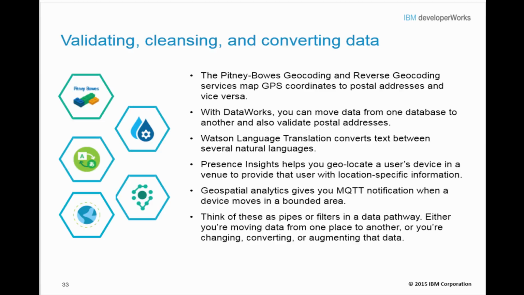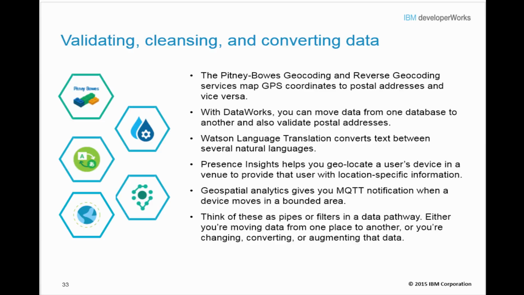It allows you to geolocate a device inside a very small bounded region like that, and then allows you to write your applications to provide that user with venue-specific information based upon where they are. Now, on the other hand, if you're moving within a larger bounded area, let's say something the size of a park, or something the size of a neighborhood, that's where geospatial analytics would enable you to get MQTT notifications whenever a device moves into or out of a different bounded area like that.